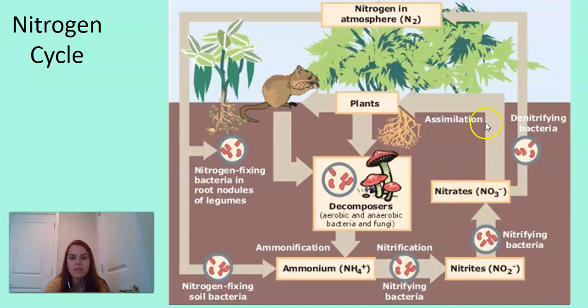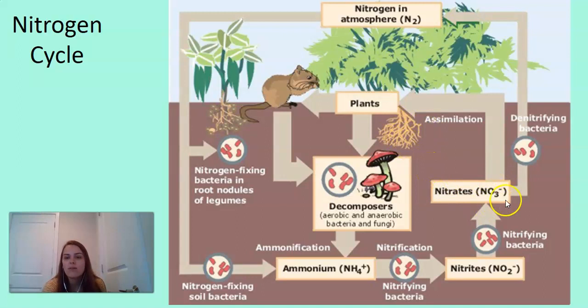Okay, so plants will then take in those nitrates and use them to make proteins and to grow. Now, this animal here is eating that plant. That's how they're going to get the nitrogen. When we eat animals and when we eat plants, that's how we get our nitrogen, all right? Because we can't get it from breathing it out of the air. It has to be fixed and turned into nitrates, and then plants will take it up, and then we can get it from them, all right?